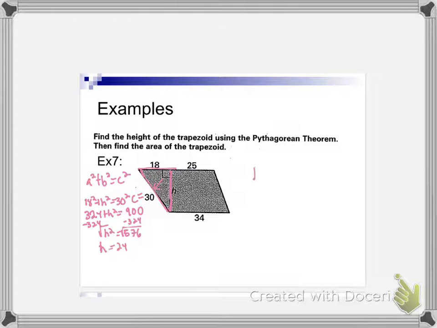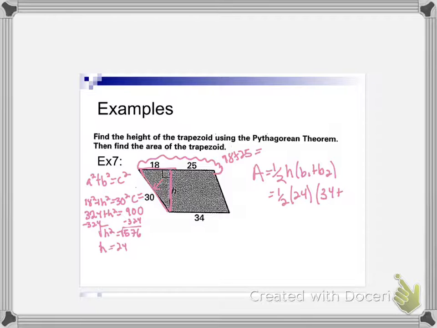It wants the area. Area equals 1/2 height, base 1 plus base 2, equals 1/2. My height here is what I just found, 24. Base 1 is going to be 34. Base 2 is this whole length. This would be 25 plus 18. So what is 18 plus 25? 18 plus 25 gives me 43.